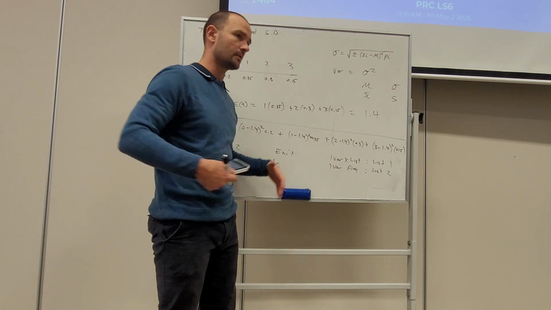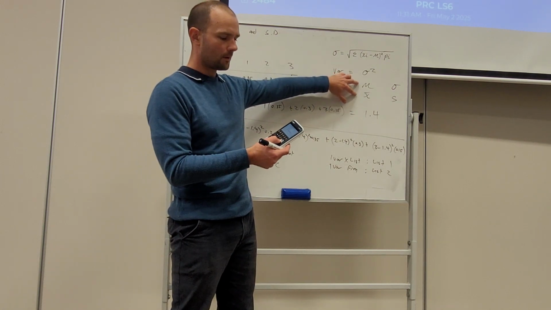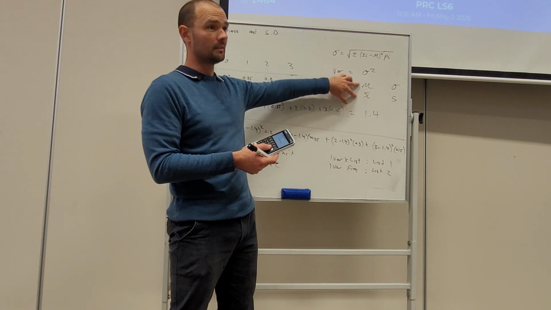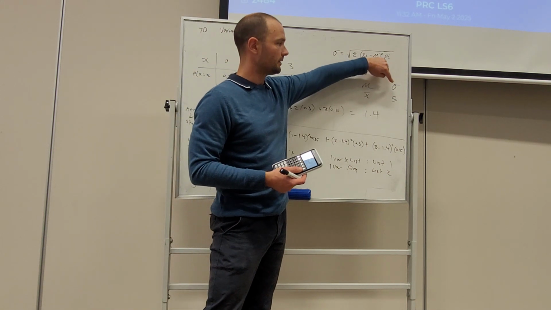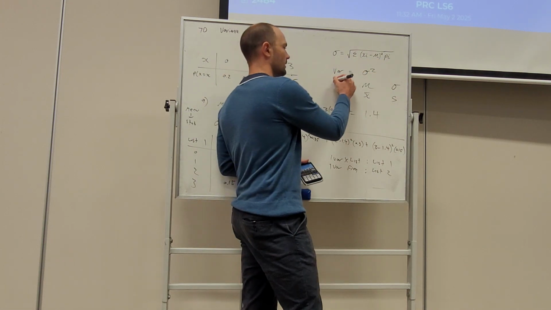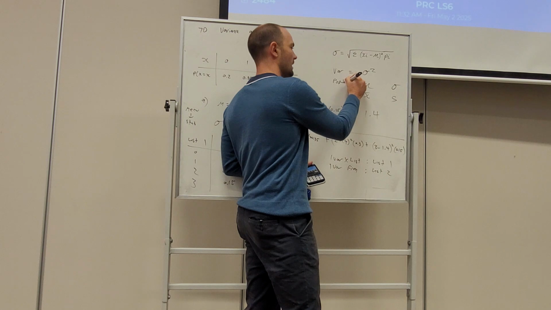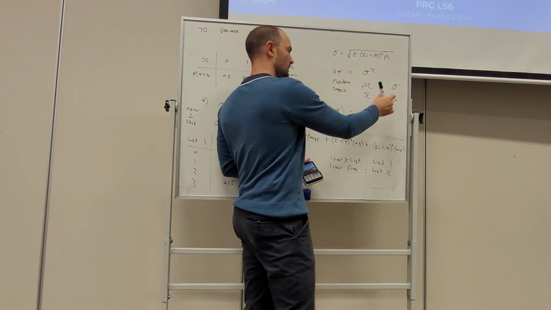So the population is the whole group, a sample is a selection of a group. Now, for our purposes, these are going to be the same in this unit. In the next unit, it'll be a little bit different. And then we have the standard deviation of the population, the standard deviation of the sample. Okay, so you can think of it as population has this notation, and the sample has this notation.